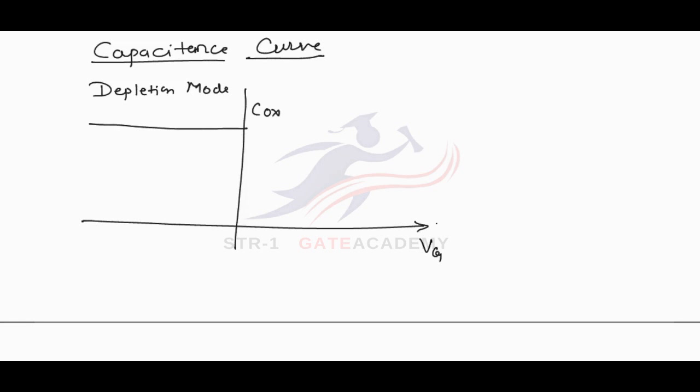When we apply positive gate voltage but less than threshold voltage Vt, the capacitance will be the series combination of two capacitances, and it goes on decreasing as the voltage increases. When the voltage Vt is crossed, the capacitance again becomes oxide capacitance, C oxide. This is the capacitance curve. The maximum capacitance is C oxide, and this is the minimum capacitance.